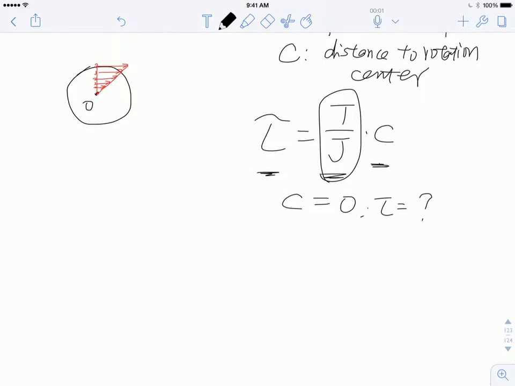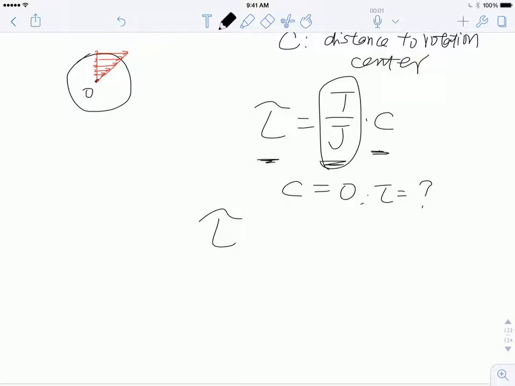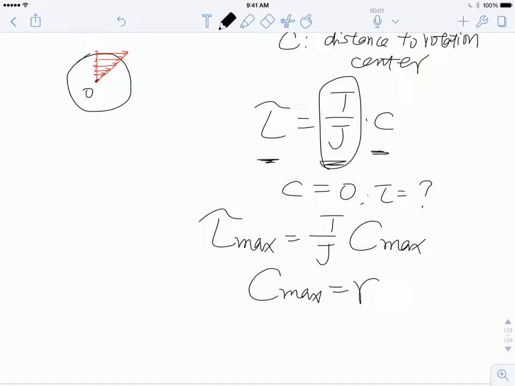So here I have a question for you. What is the maximum shear stress that can be developed? Let me write here. That's of course when C equals max, the distance to the rotational center has to be max. So what is C max? C max equals the radius, because the highest distance to the rotational center is the radius, right on the surface. So for example, this point right here, that is the radius.